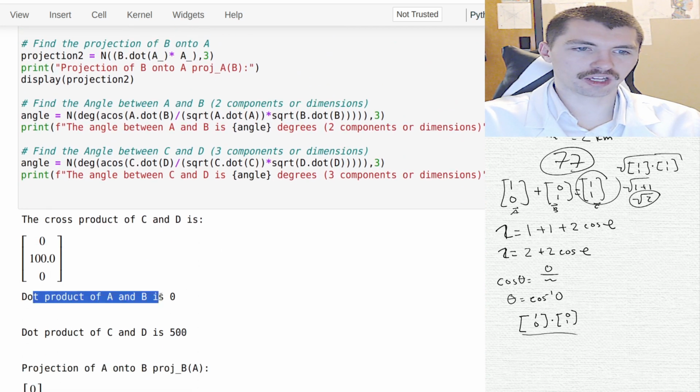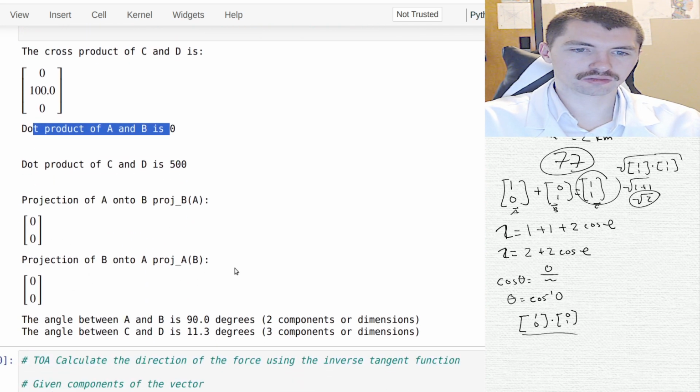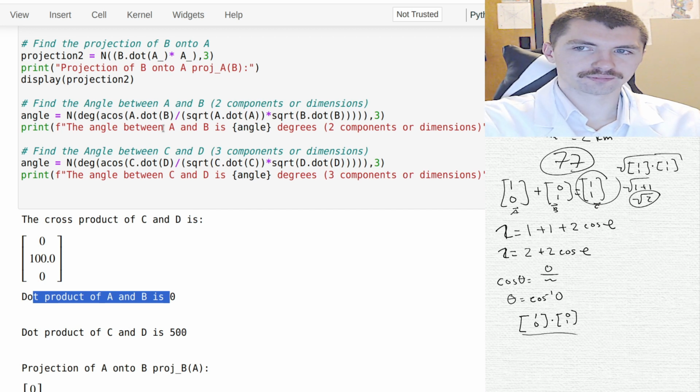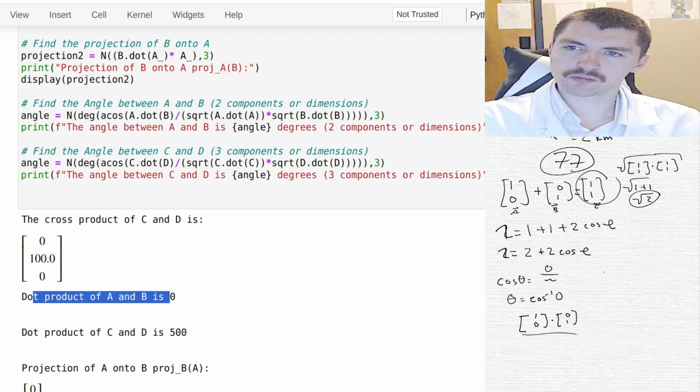So A dot B is 0. Theta equals 0 degrees.